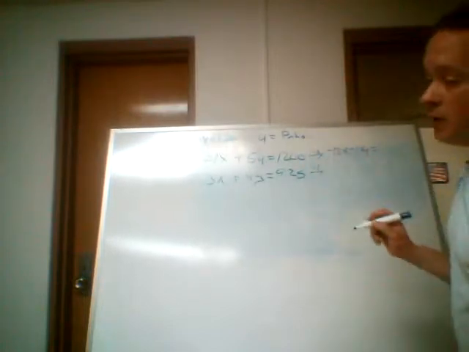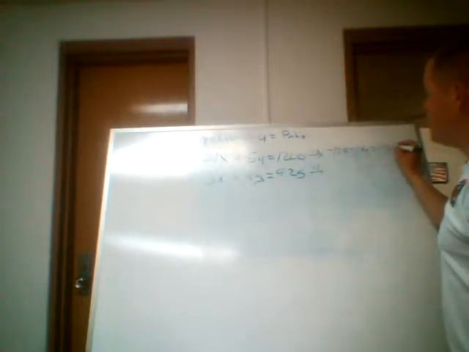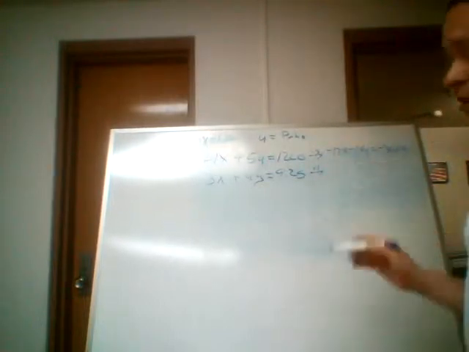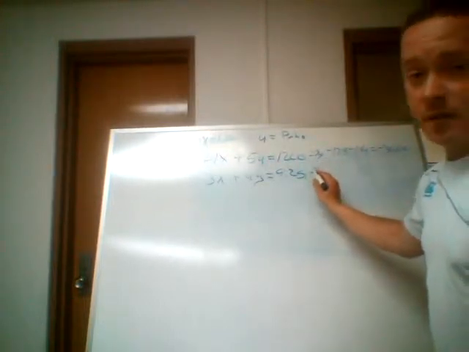Negative 3 times 12 is negative 36. And the other one for the second customer is times by positive 4.